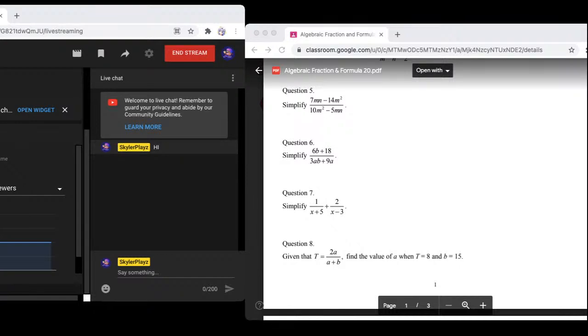Therefore, we do addition, and then finally we can get 3x plus 7 divided by x plus 5, x minus 3.